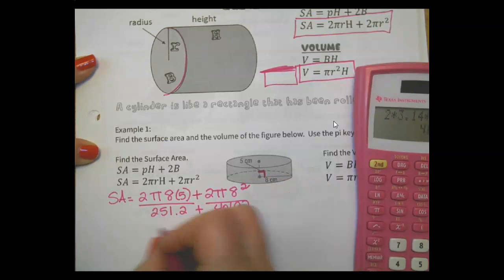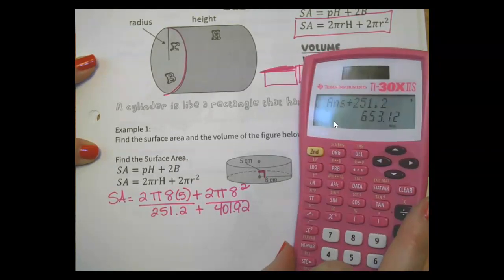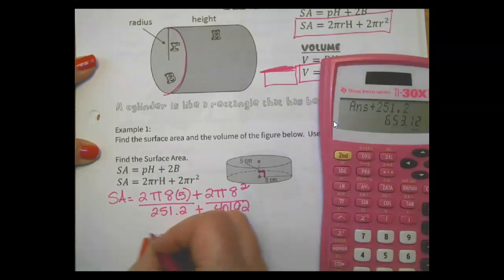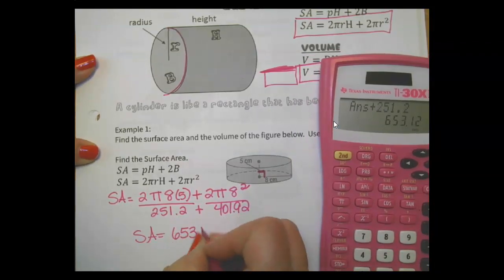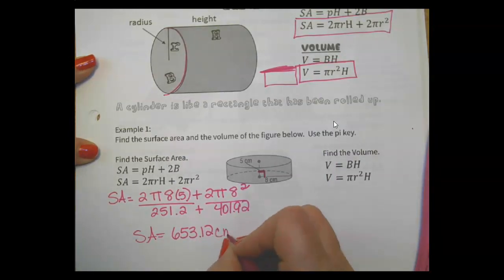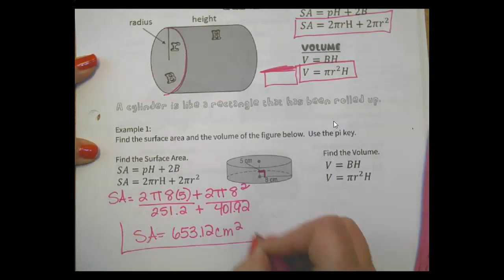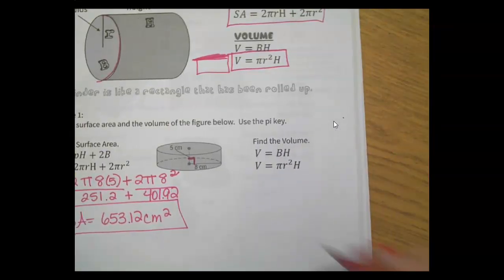Add those two together. 653.12. Again, it is surface area, so it's going to be centimeters squared. A lot easier. You're just plugging in.